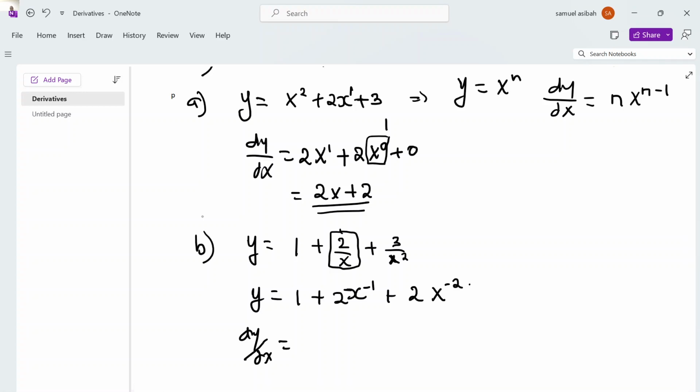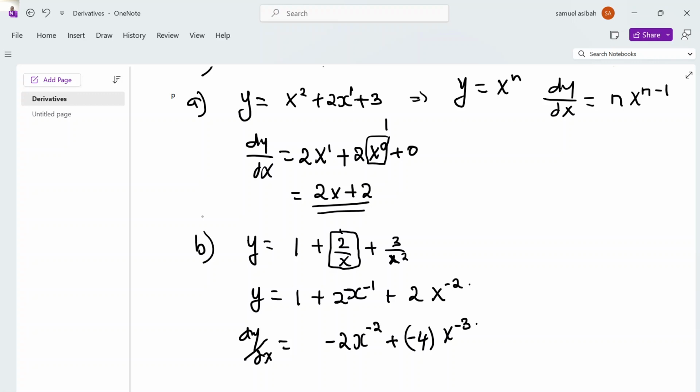So we go to the second one, which means that we are going to have negative 2, because we are going to multiply by negative 1. Then x raised to negative 2. Then down here, you're going to multiply by negative 2 times 2 here. You get negative 4. Negative 4, then x raised to negative 2 minus 1, which is negative 3.